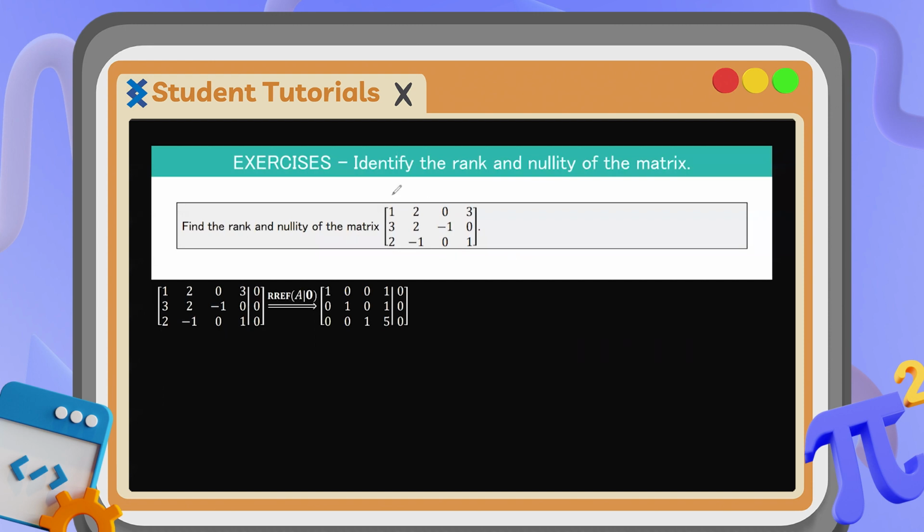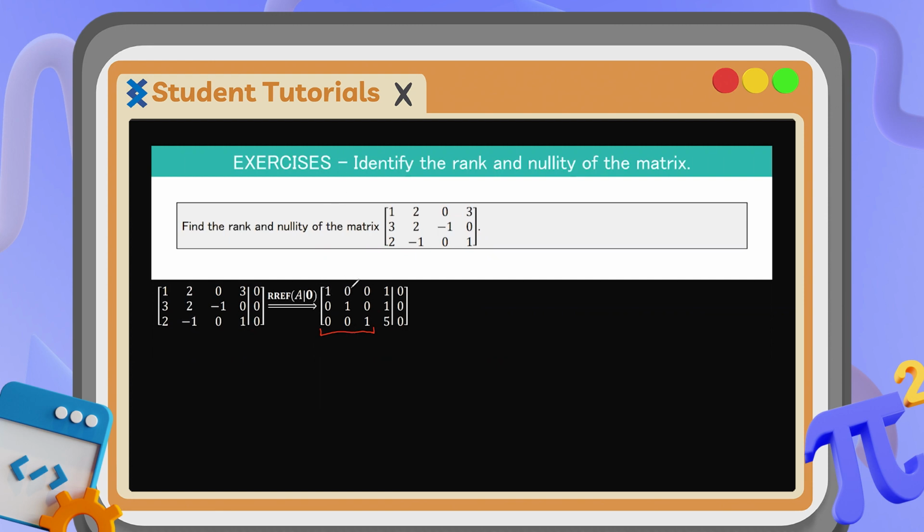And based on the theorem a while ago, the columns with the leading ones are said to be part of the column space. So these natural basis vectors over here would be part of the column space.